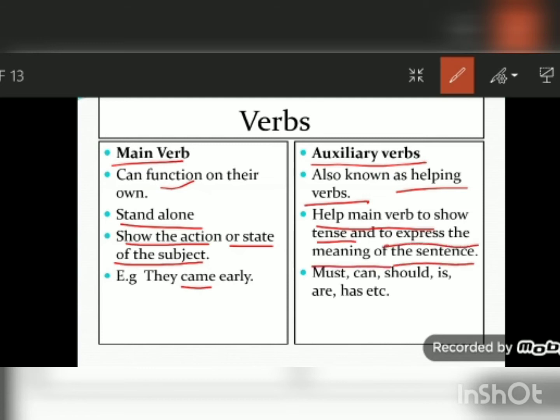Tense means whether it is in present tense, past tense or future tense. Auxiliary verbs are words like must, can, should, is, are, has, etc. So these are all the auxiliary verbs.